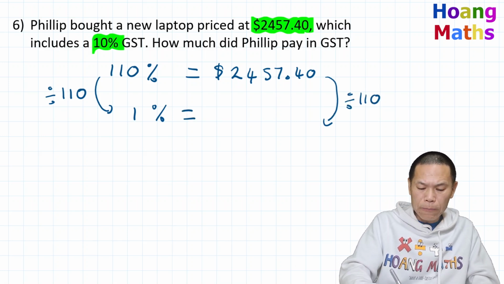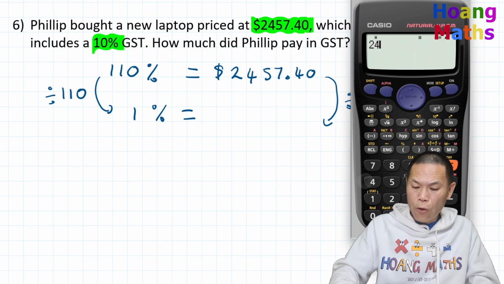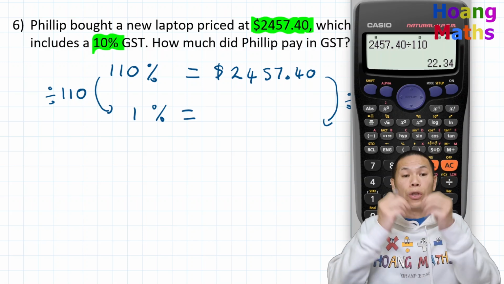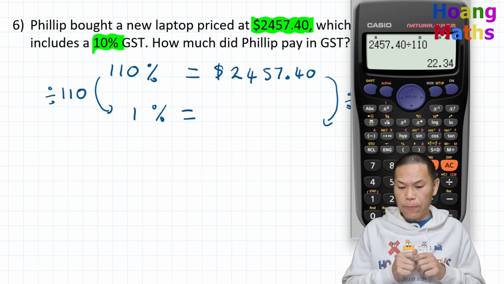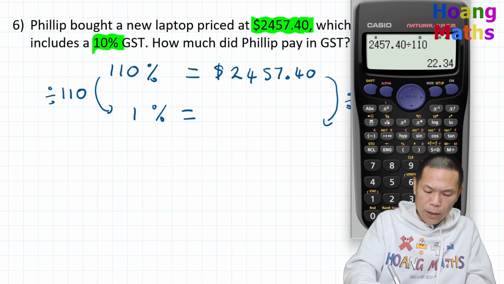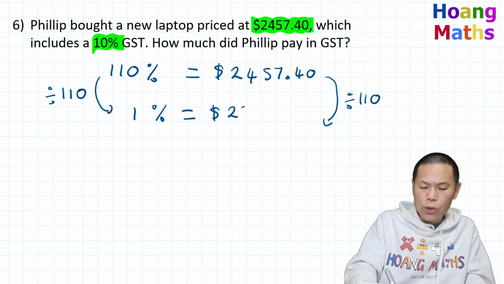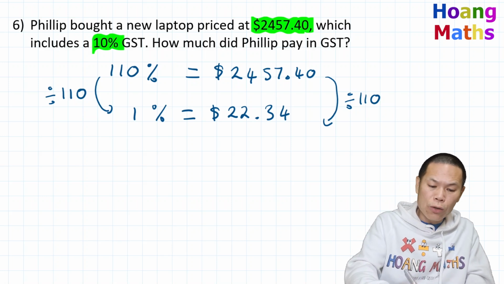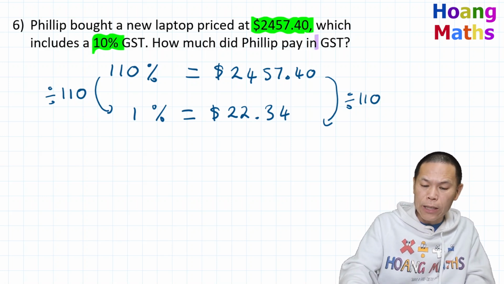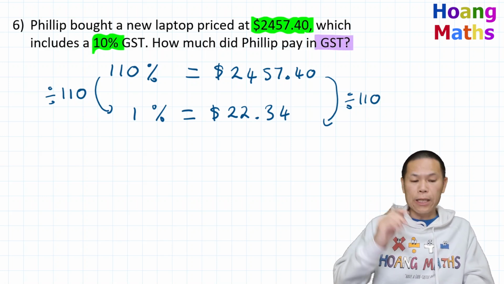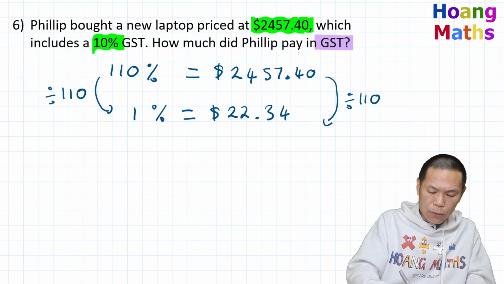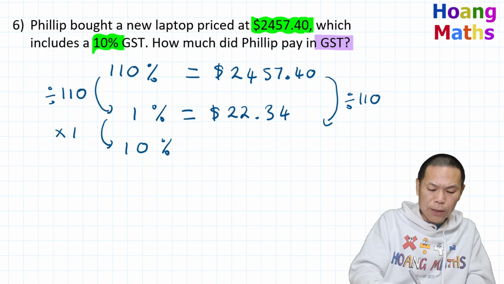So I just go 2457.40 divided by 110. There you go, $22.34. And we need to work out 10%, because the GST was 10% GST. So from here to here, I times 10.